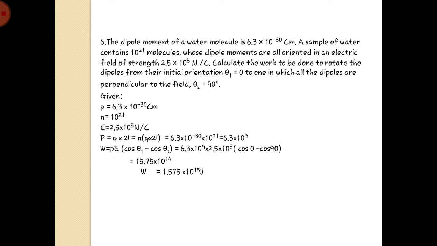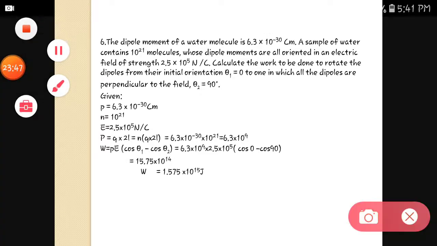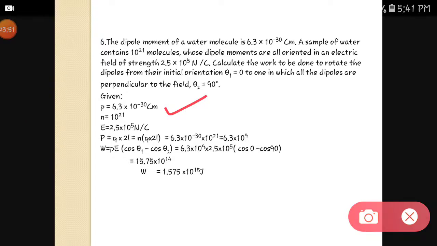Alright, so we'll write the given things. What is given? Dipole moment. Just write down the dipole moment. Here it is. N, number of molecules. How many molecules are there? 10 to the power 21. Written. What is the electric field given to that? It is 2.5 into 10 to the power 5.